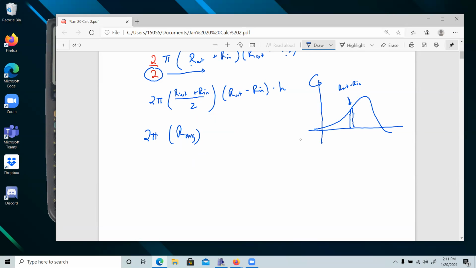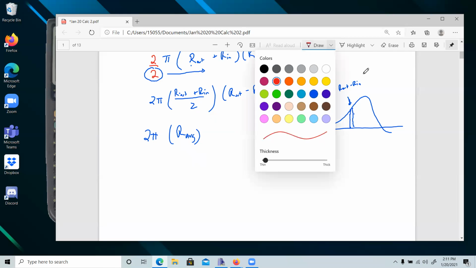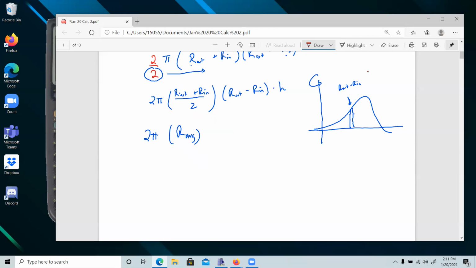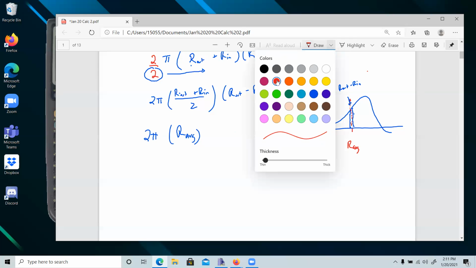So r out minus r in, versus the average value, which sits here. This red one, if I strike a path through the middle here, this is my r average. So the r out minus r in is going to be my delta, a delta value here.